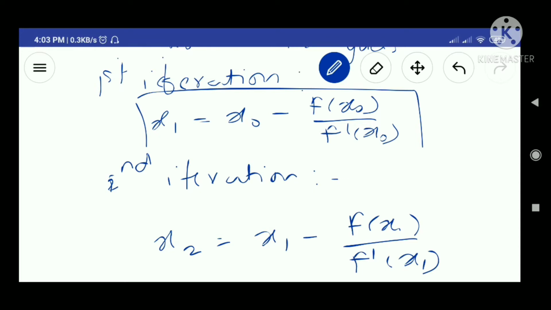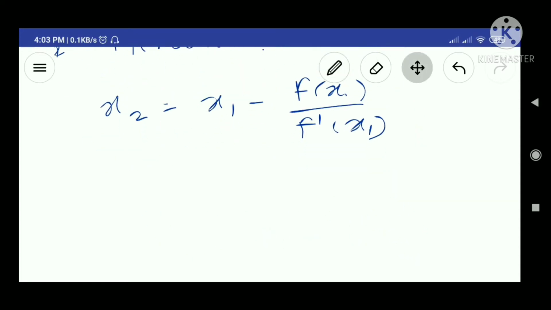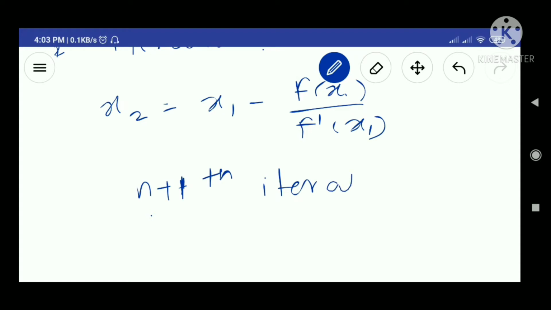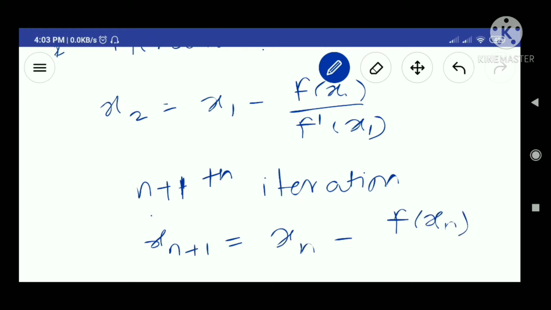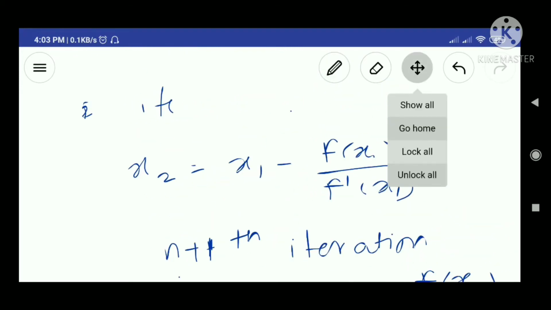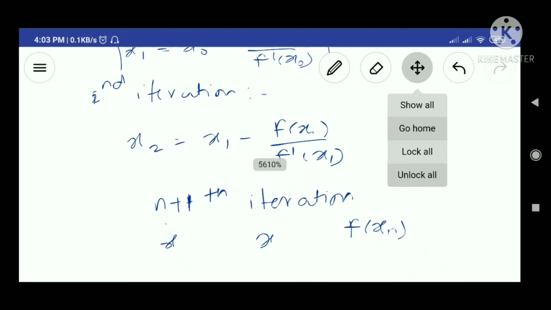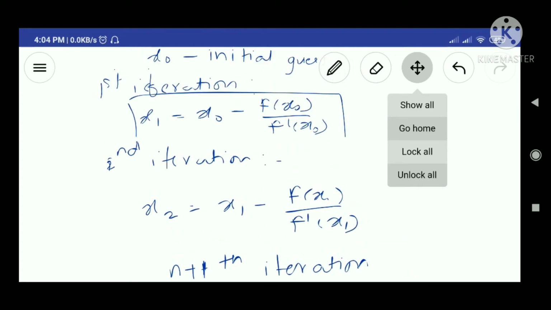In general you can write the n plus 1th iteration as x n plus 1 is equal to xn minus f of xn divided by f dash of xn. So remember these formulas regarding the Newton Raphson method.